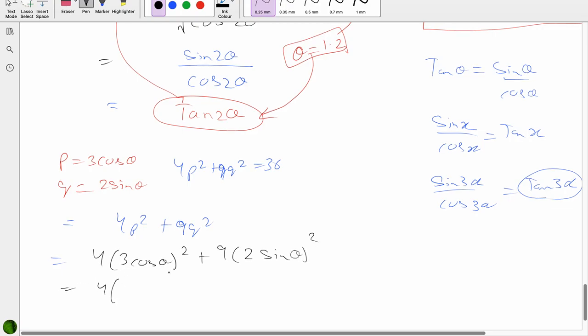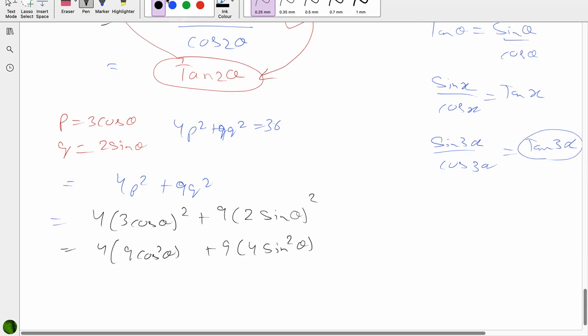Now 3 squared is 9 and cos squared is cos squared. 9 stays outside, 2 squared is 4 sin squared theta. Simple algebra. 9 times 4 is 36 cos squared theta. 9 times 4 again is 36 sin squared theta.